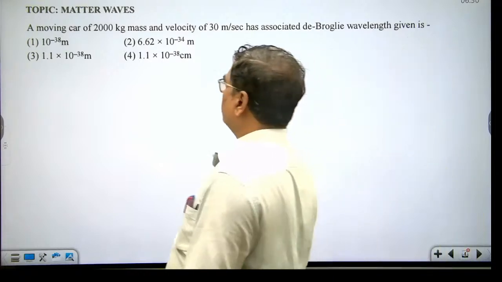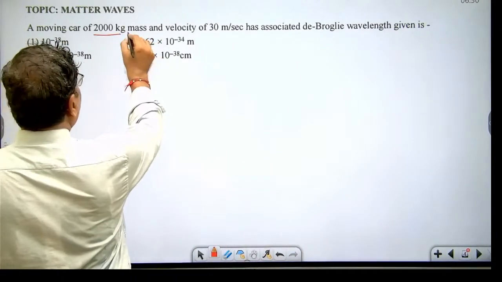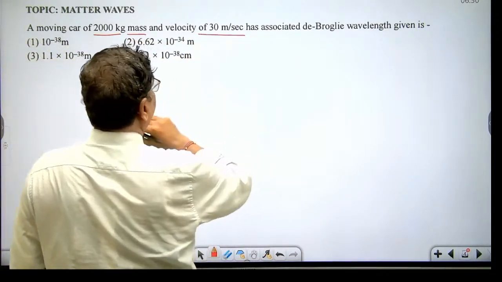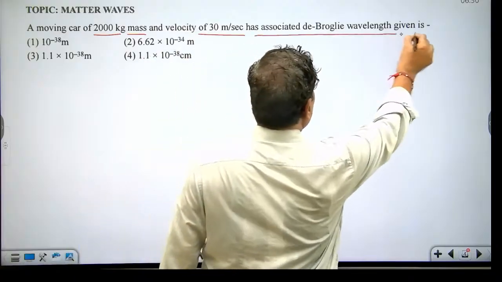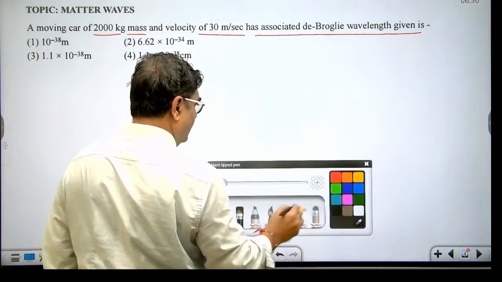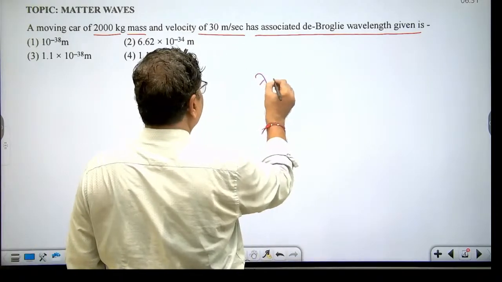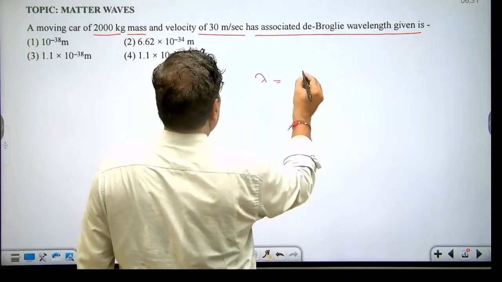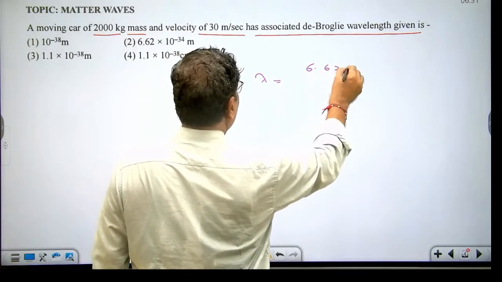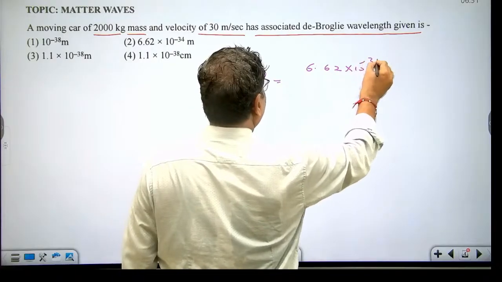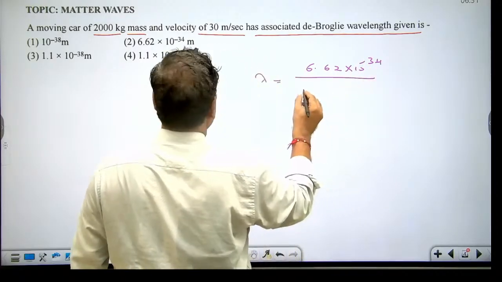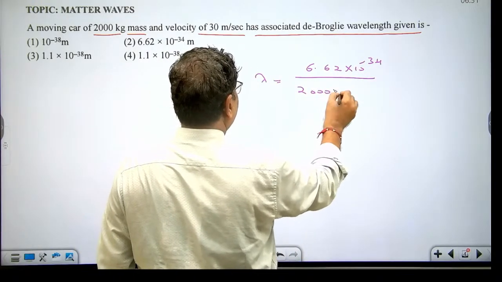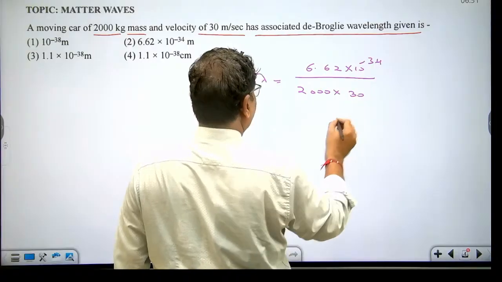A moving car of 2000 kg mass and velocity of 30 meter per second has an associated de Broglie wavelength given as. Dear student, de Broglie wavelength can be written as 6.62, that is the value of Planck constant, into 10 power minus 34 upon mv. Mass is given 2000 kg, velocity is given 30 meter per second.